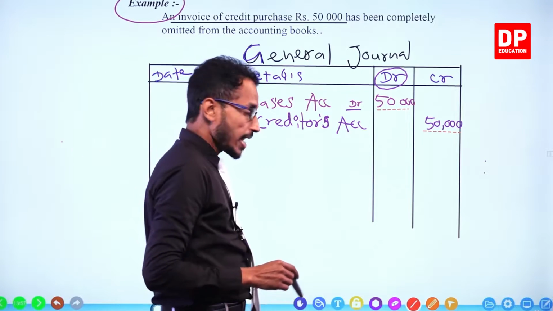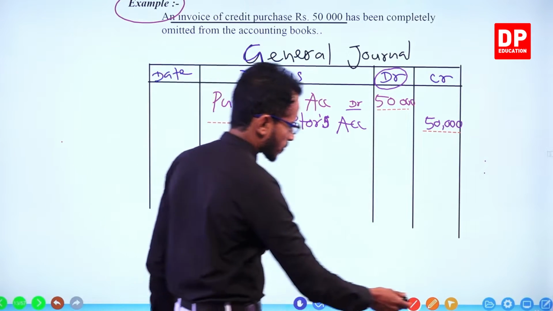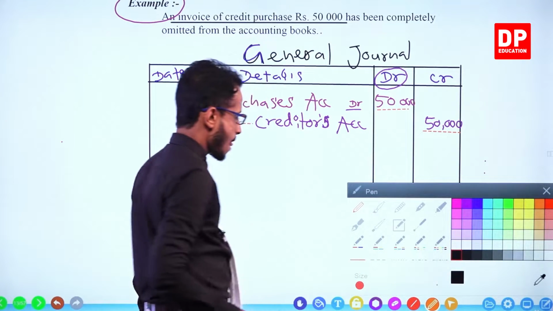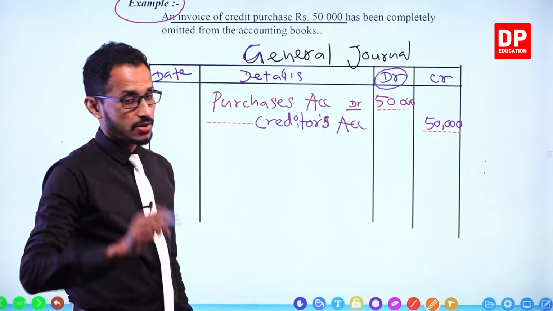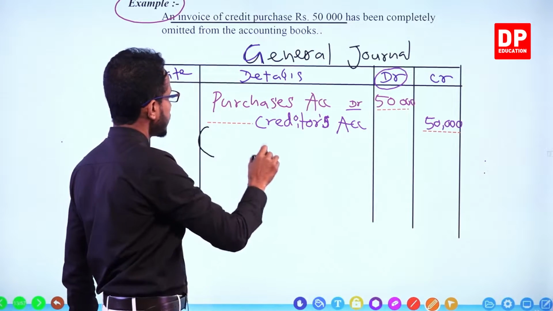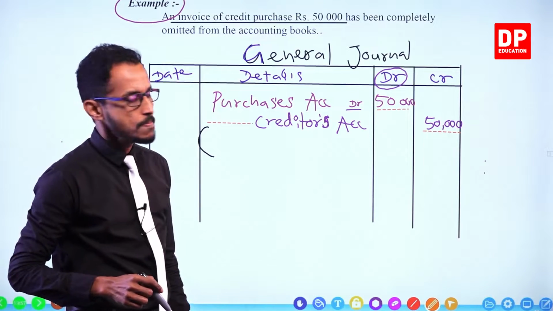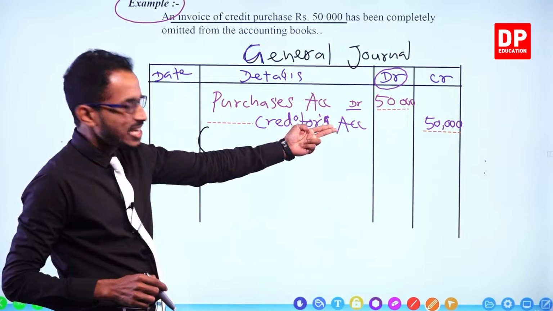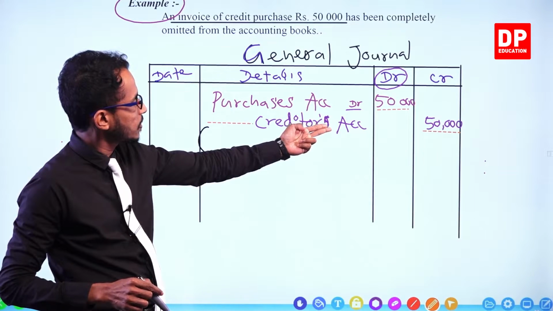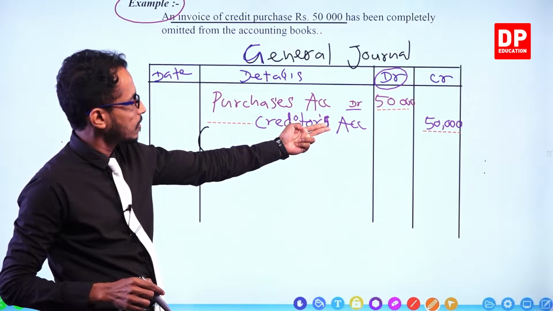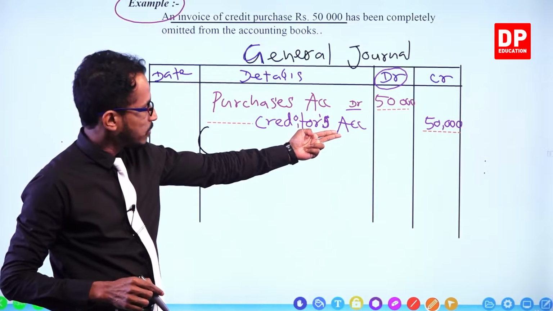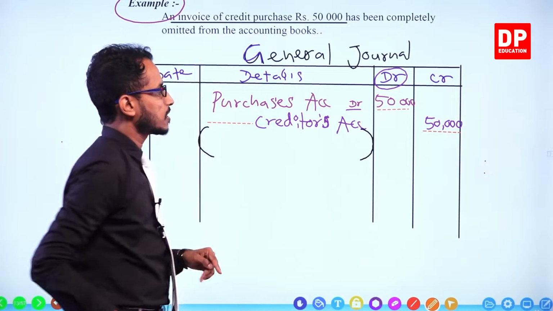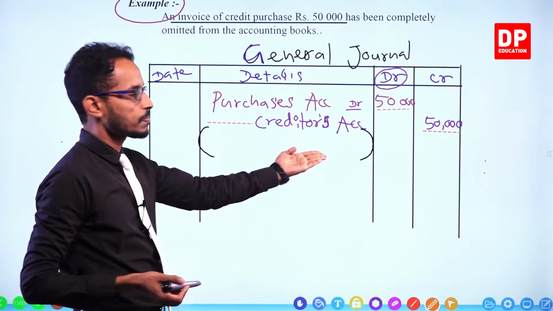Yeah, and finally, when you correct an error, after writing the rectifying entry, you must put brackets in the description column, in the details column.